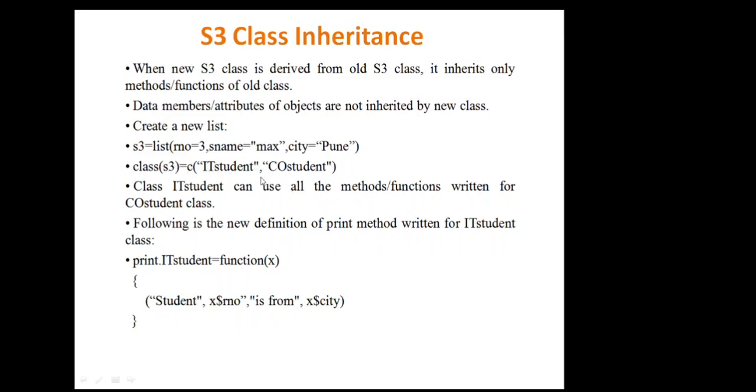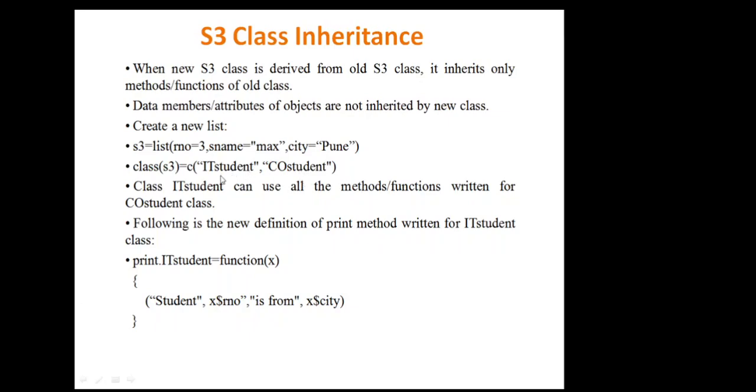While assigning the class we use the c function, which receives two parameters. The first parameter is the name of the new class that we want to assign to our new object, and the second parameter is the name of the old class, the parent class, from which we want to inherit the functions.